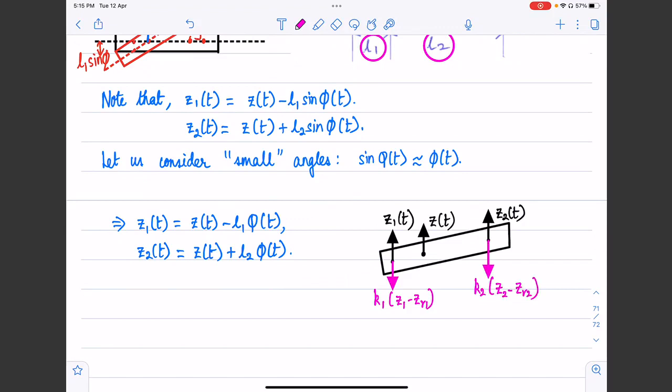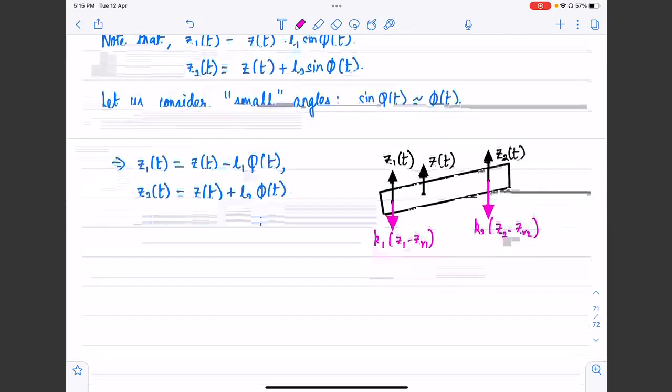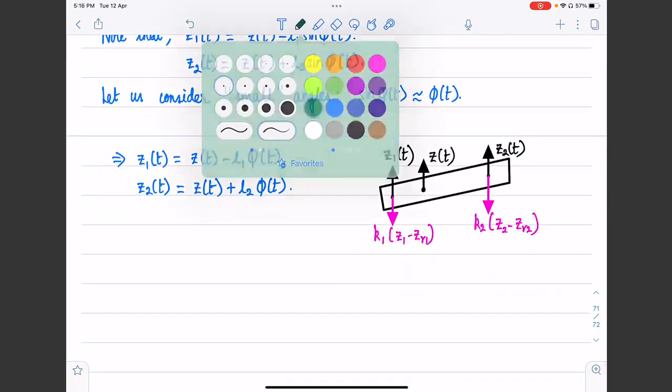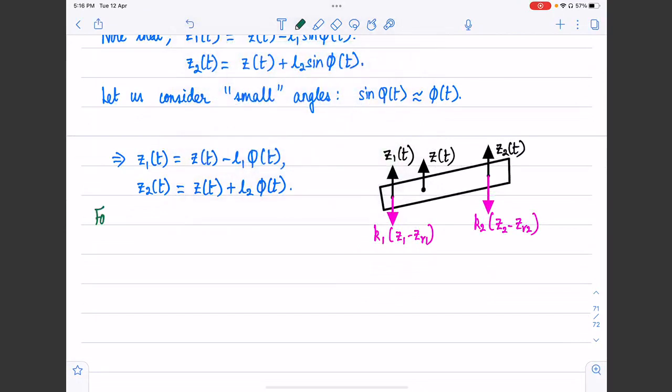Okay, similar argument. So these will be the two forces that act on the sprung mass. With these, we are going to write down the equations of motion for translation and rotation. So what can I write for translation? Why are we looking at translation? Because please note that there is one degree of freedom, which is the heave motion, right? That is the vertical displacement.